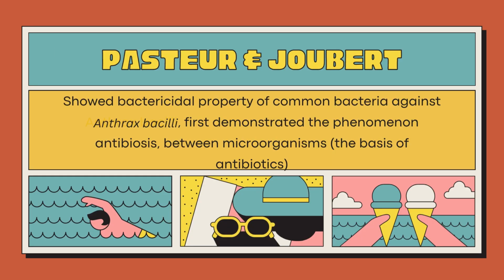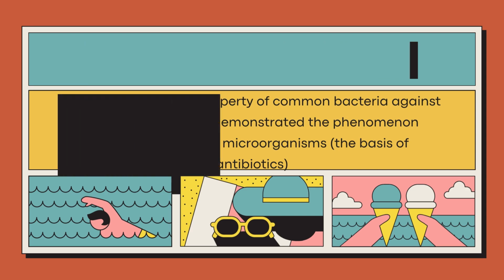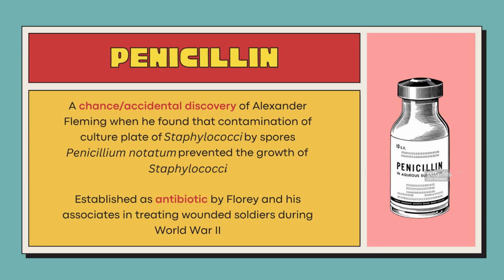Following Domagk and his associates, Pasteur and Joubert also showed the bactericidal property of common bacteria against anthrax bacilli, which first demonstrated the phenomenon of antibiosis between organisms that is now the basis of antibiotics. Thereon, the golden age of chemotherapy began in the year 1941 when penicillin was used in treating human bacterial infections.